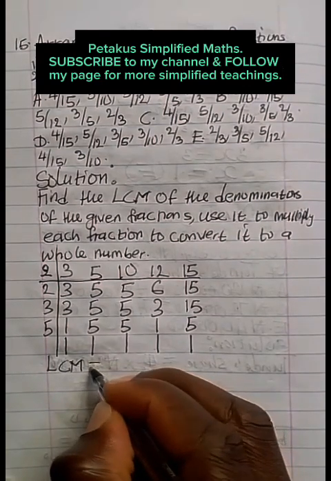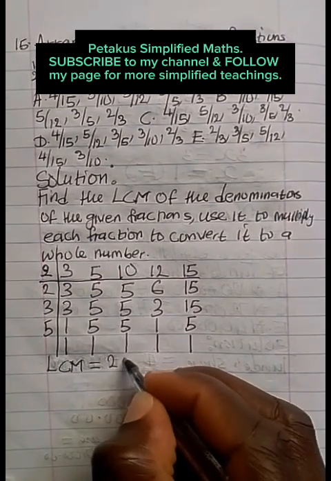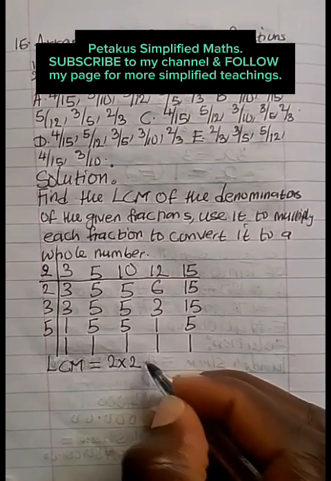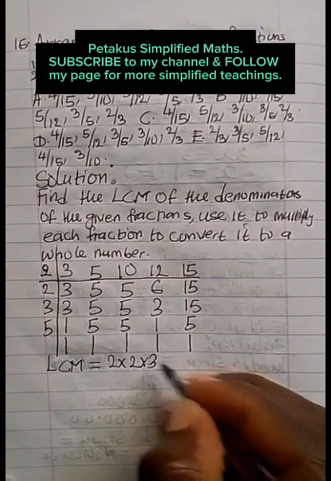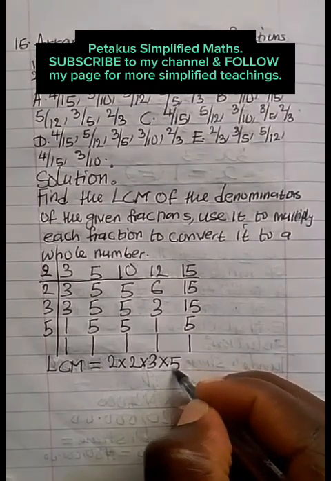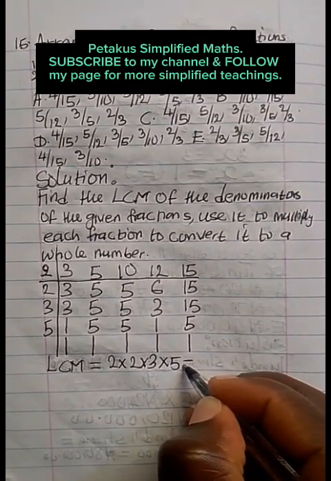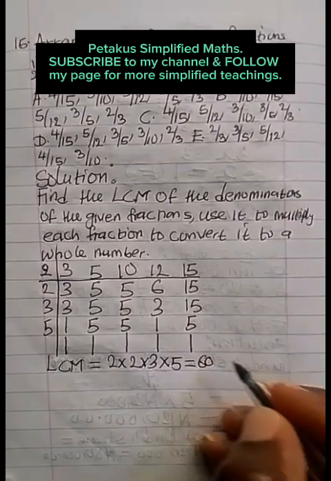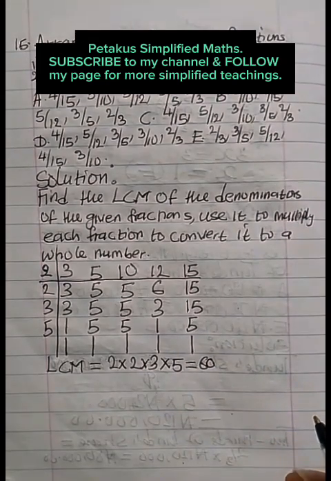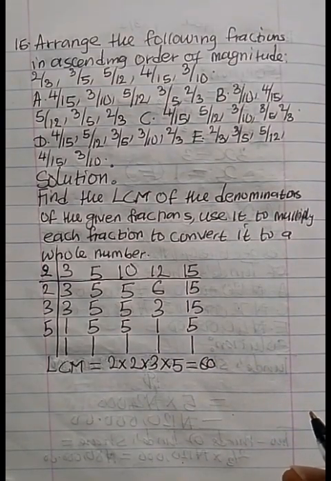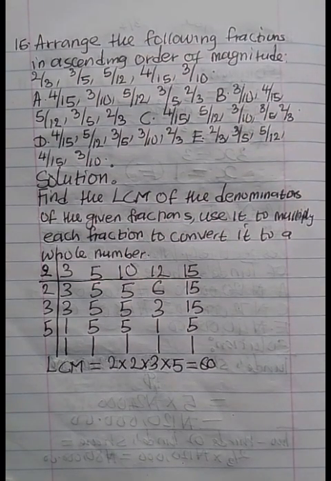Therefore, LCM is equal to 2 times 2 times 3 times 5. That is equal to 60. Then you multiply each fraction by the LCM to convert them to whole numbers.